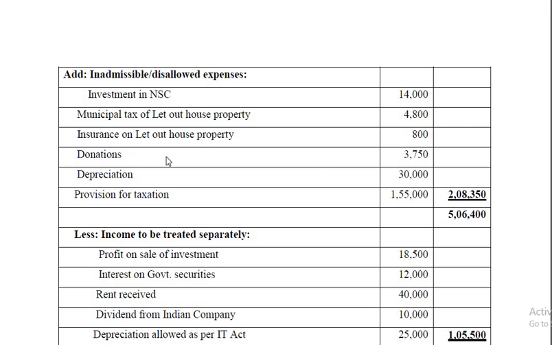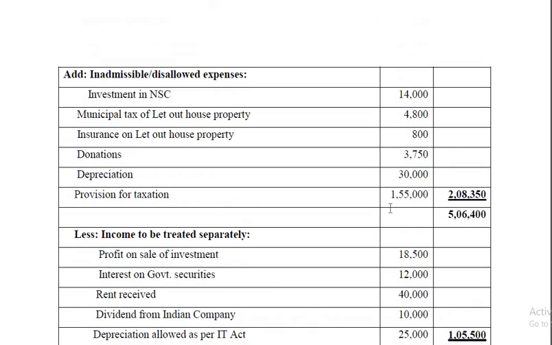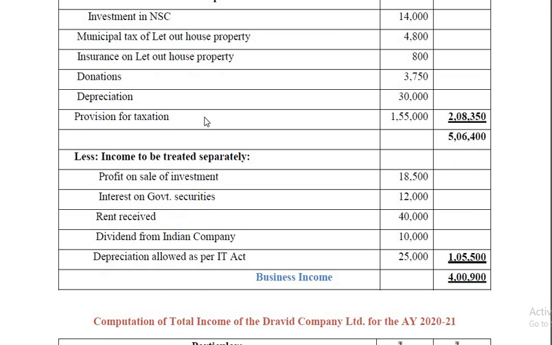And donations, again charity is not allowed, that has to be added back, and donations are deductible under 80G. Depreciation 30,000 is added back here. Later on we are deducting what is allowed under the IT Act, 25,000. The net effect is 5,000. Provision for taxation 1,55,000. So if you add up all these things you will get 2,08,350.